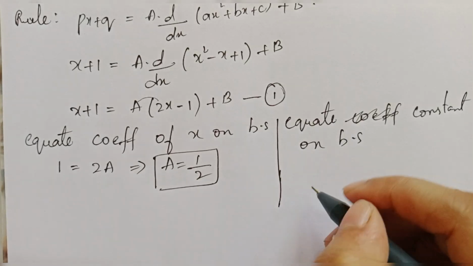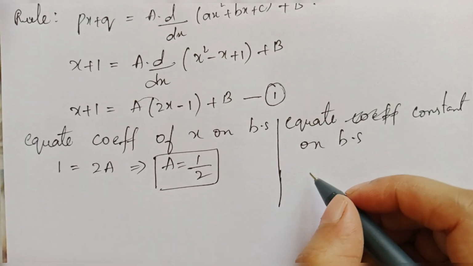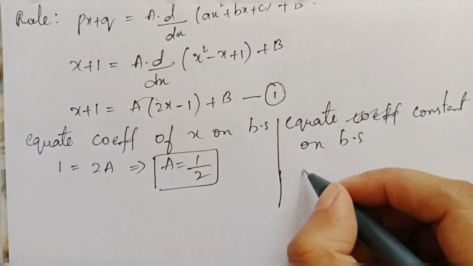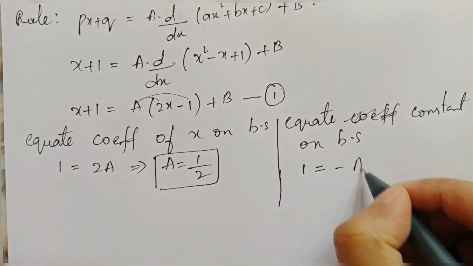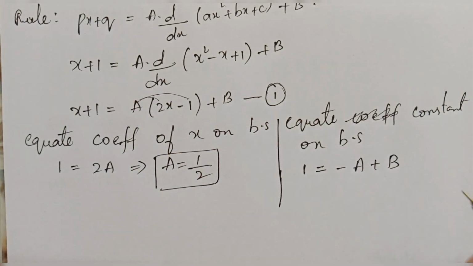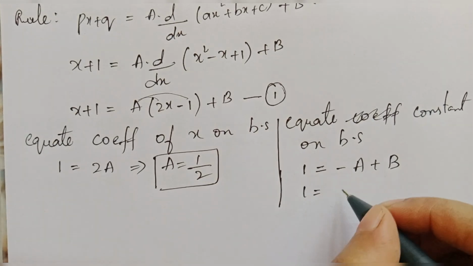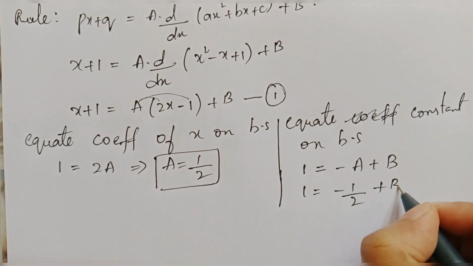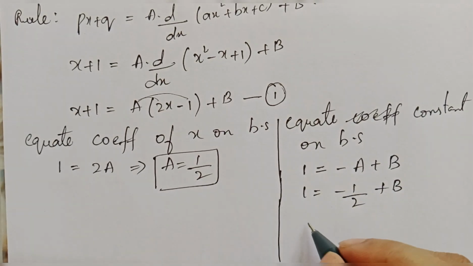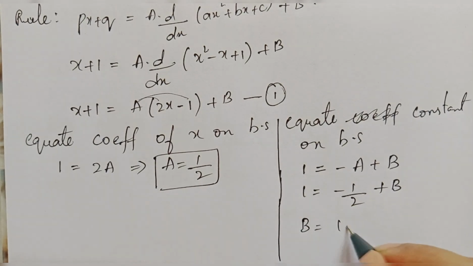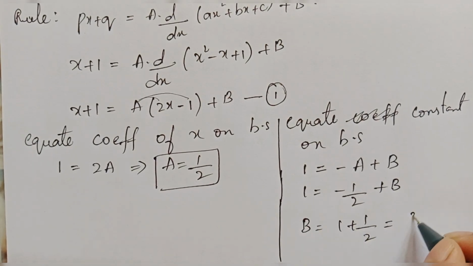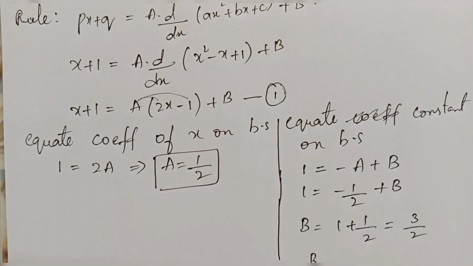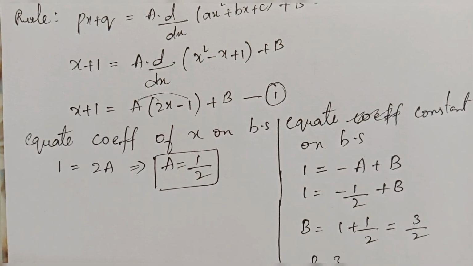The constant is 1, equals minus a from multiplying, plus b. So 1 equals minus 1 by 2 plus b. You will get b equals 1 plus 1 by 2, which is 2 plus 1 by 2, which is 3 by 2. So we get the value of b as 3 by 2.